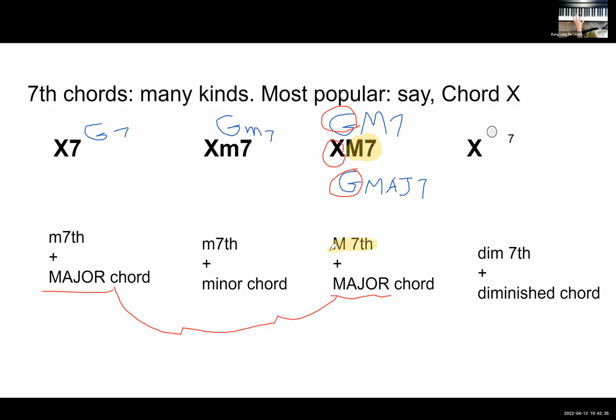So it's not 10 half steps, it's 11 half steps. It's almost an octave, isn't it? Because 12 half steps is your octave. So if I go G to G and I count the number of half steps for this perfect octave, 1, 2, 3, 4, 5, 6, 7, 8, 9, 10, 11, 12.